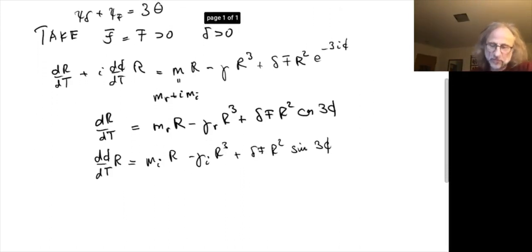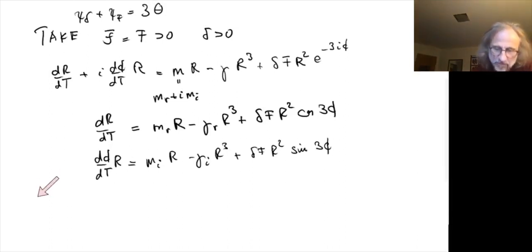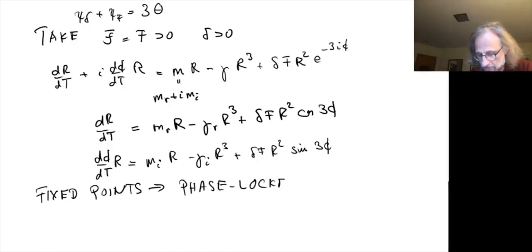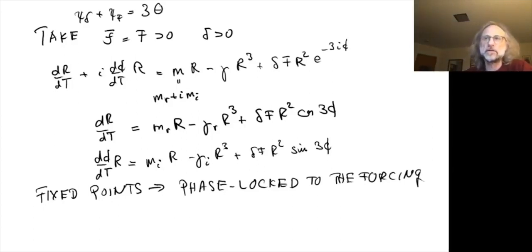So therefore, I'm going to look for fixed points. Phase-locked to the forcing. Meaning the solution is really going exactly at the frequency of the forcing with a fixed phase relationship.